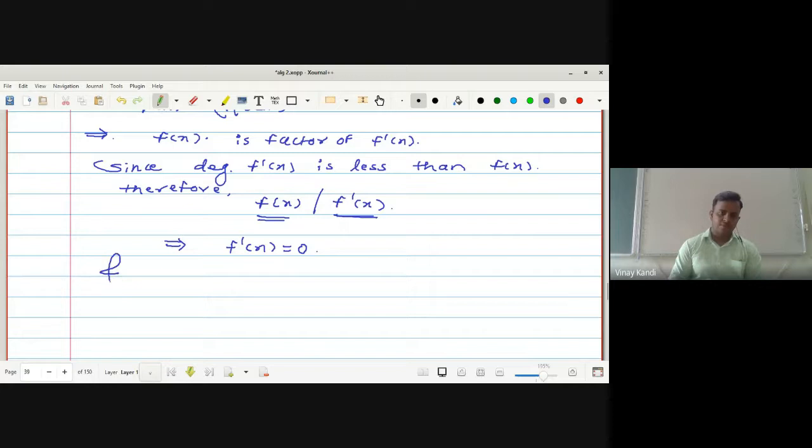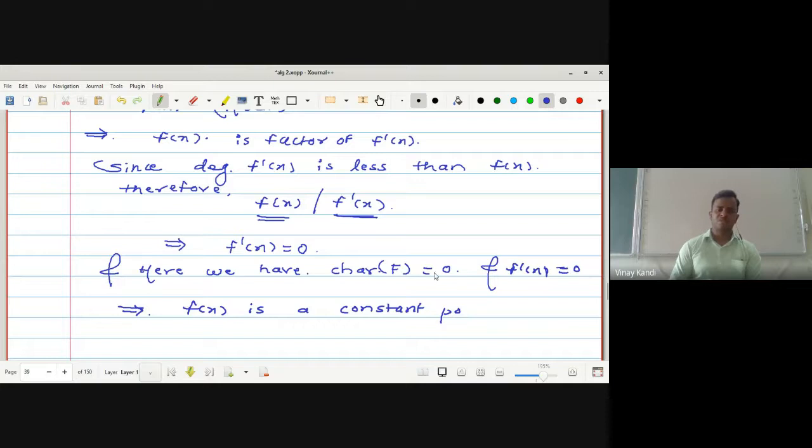Here the characteristic of the field F is 0, and f dash of x is 0. By the previous theorem, this implies f of x is which polynomial? Constant polynomial.